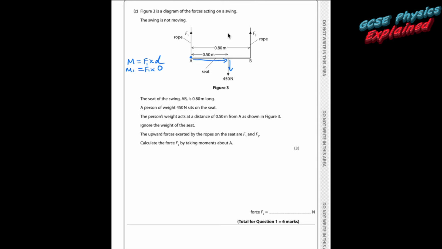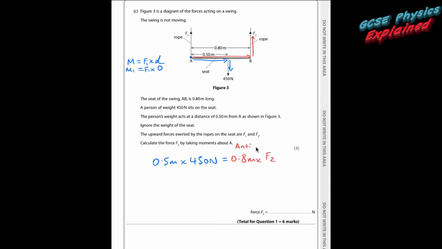clockwise. That's a clockwise moment, and that needs to be balanced out by that distance times that force, because that will create an anti-clockwise moment around point A. And if everything's balanced, then 0.5 metres times 450 newtons will have to equal 0.8 metres times F2.